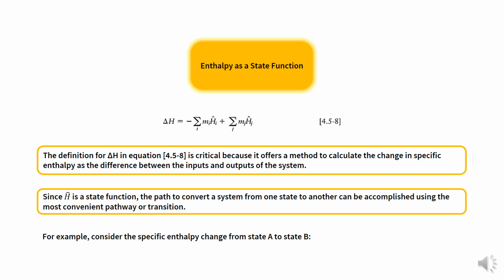For example, consider the specific enthalpy change from state A to state B. So the delta H from state A to state B can be drawn as the equation below.